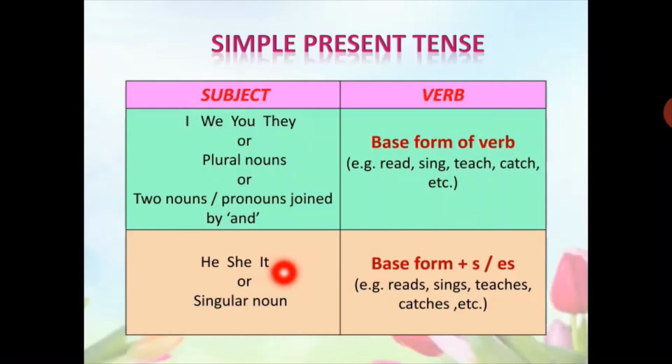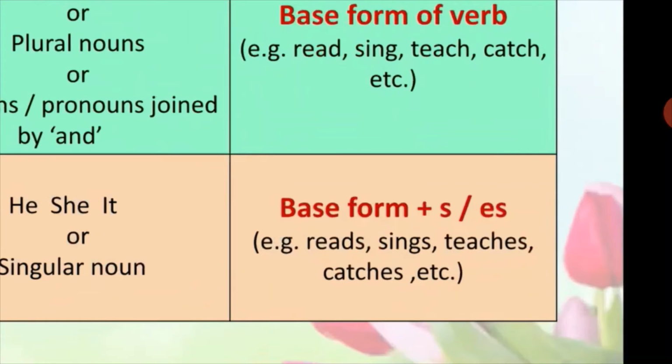We use base form of verb plus s or es when the subjects are he, she, it, or a singular noun, meaning the nouns that are single or one in number, like boy, girl. Here examples of base form plus s or es are reads, sings, teaches, and catches.